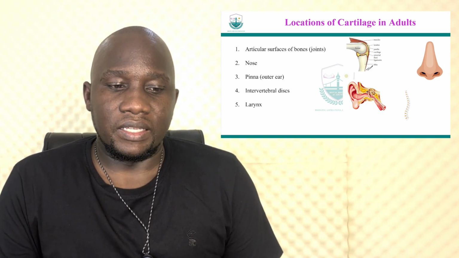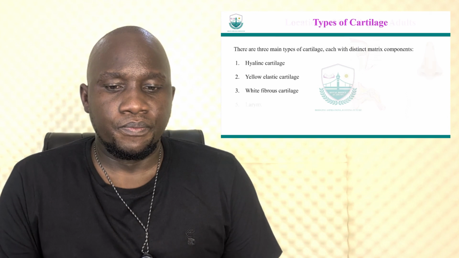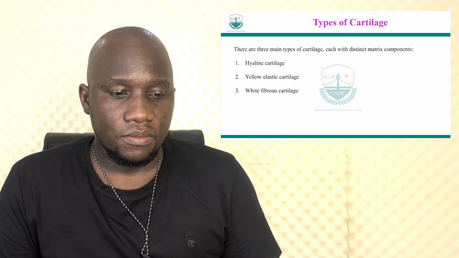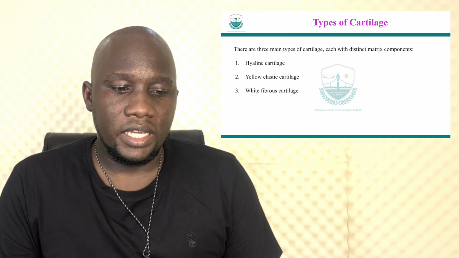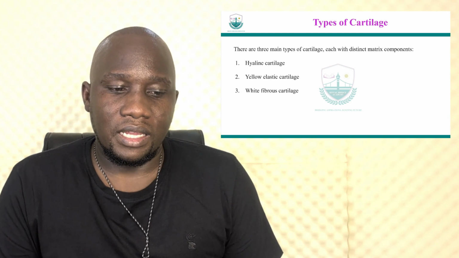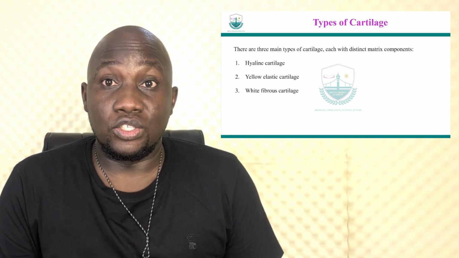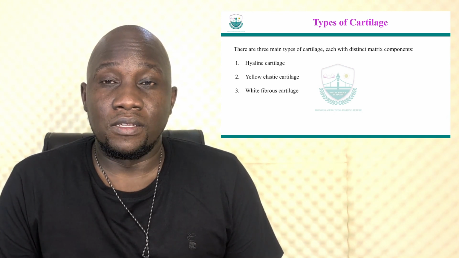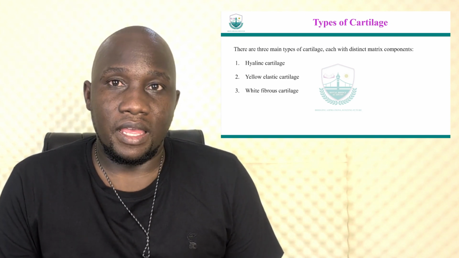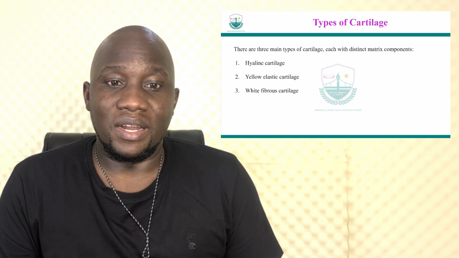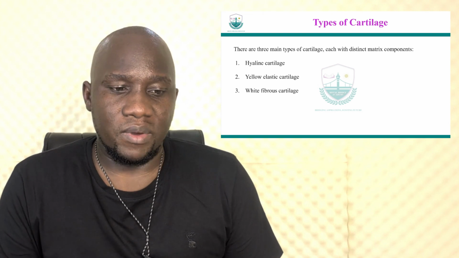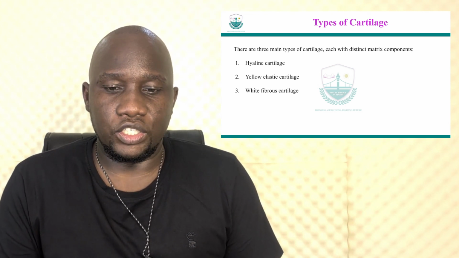So we have three types of cartilage: hyaline cartilage, yellow elastic cartilage, and white fibrous cartilage. Which one could you expect to have more tensile strength? I guess you're saying the white fibrous cartilage. Elastic fibers are stretchable. You also remember that discussion, right?